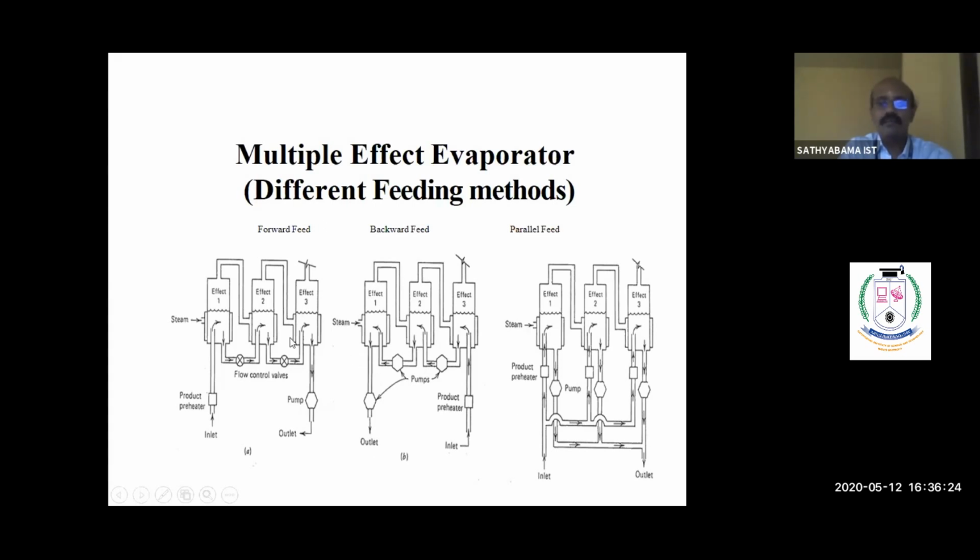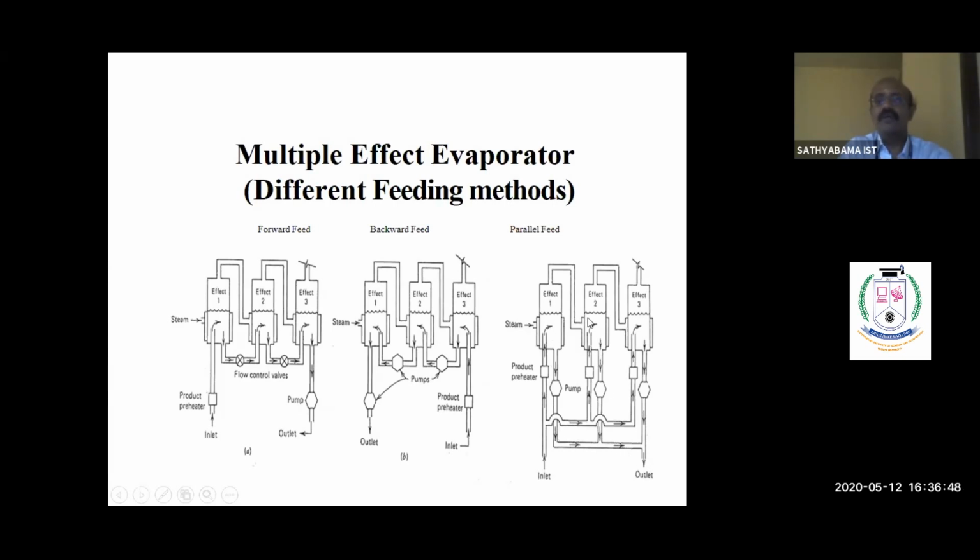So in case of forward feeding, you are going to get the thick liquor only from the last effect, whereas in case of backward feed also, you are going to get the final product only from the last effect. Whereas in case of the parallel feeding arrangement, we are going to withdraw the product from each of the effects.